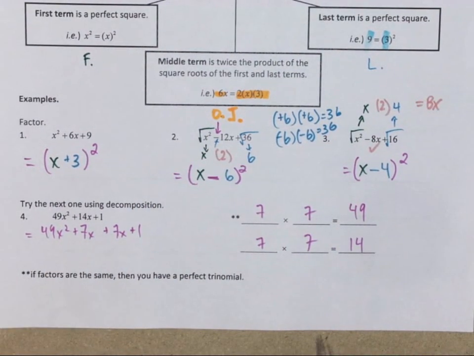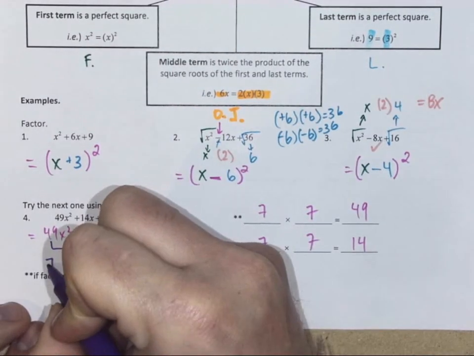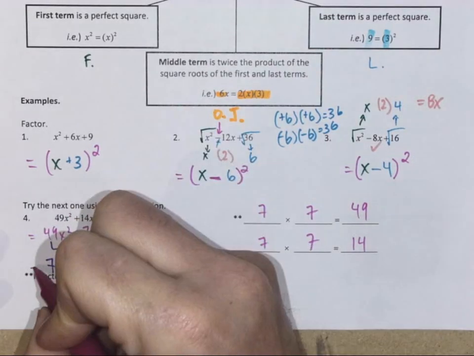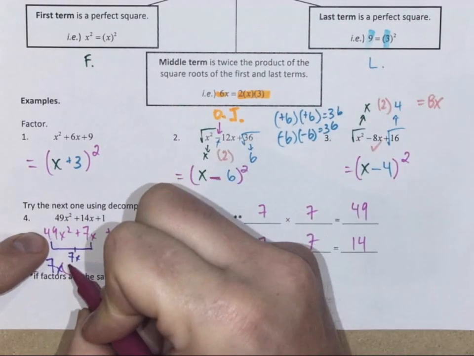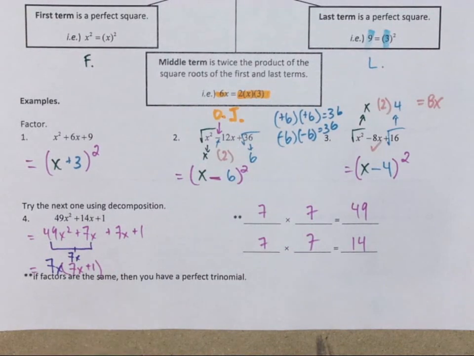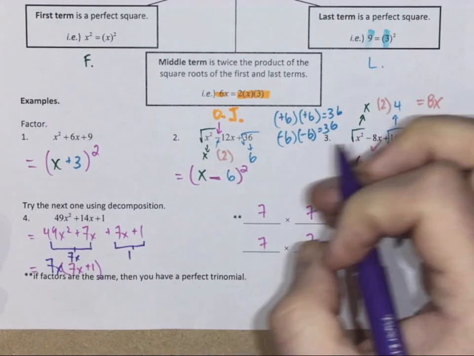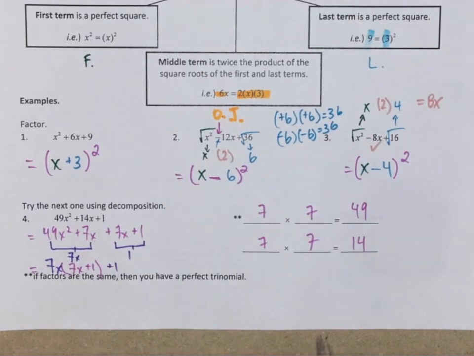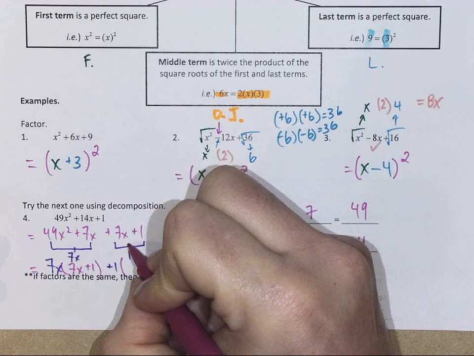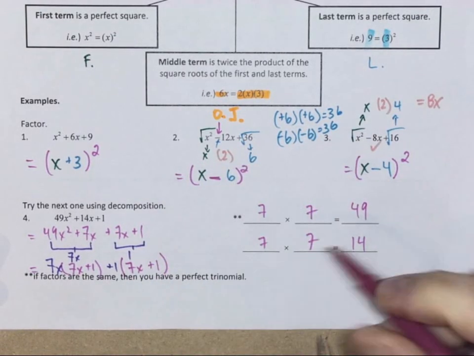Out of the first two, I can take out 7x. I'm going to have 7x plus 1. The second one, there is no common factor. If there is no common factor, I can still take out plus 1. 7x divided by 1 is 7x. 1 divided by 1 is 1.